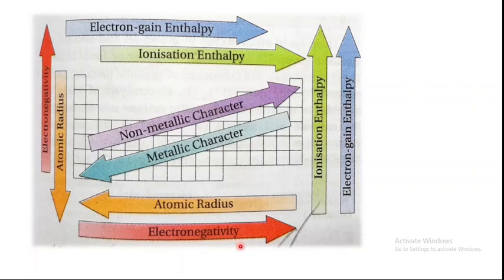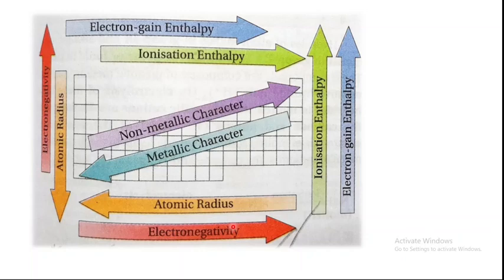Electronegativity may be defined as the tendency of an atom to attract the shared pair of electrons towards its nucleus when the atom is covalently bonded in a molecule. Consequently, a more electronegative atom withdraws the bonding electrons towards its own nucleus, giving rise to an accumulation of negative charge on it.